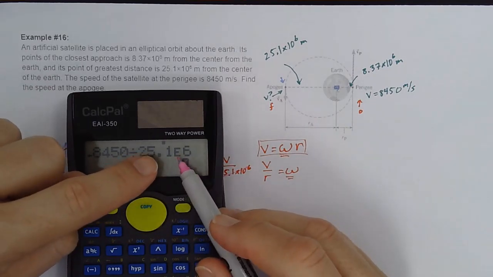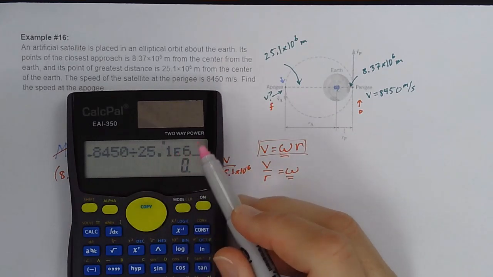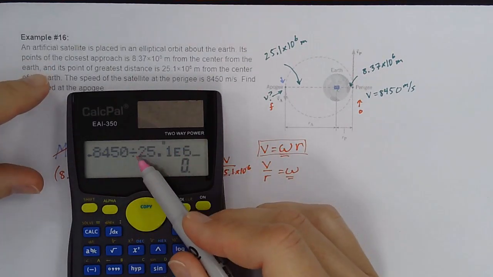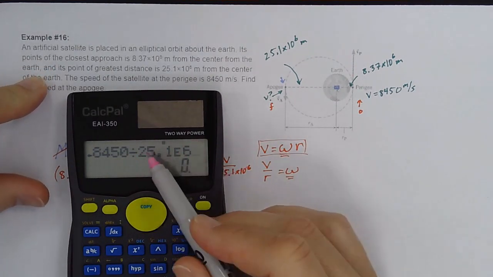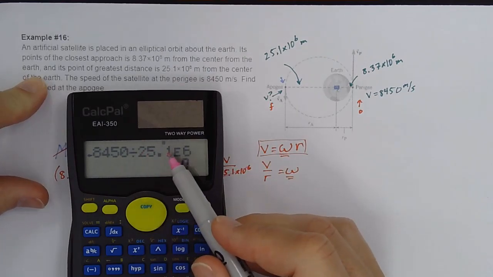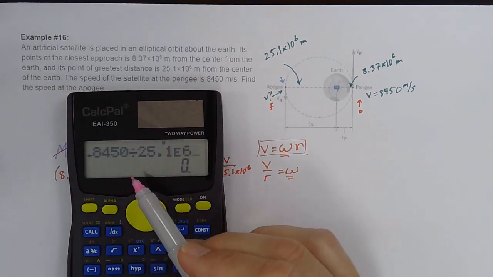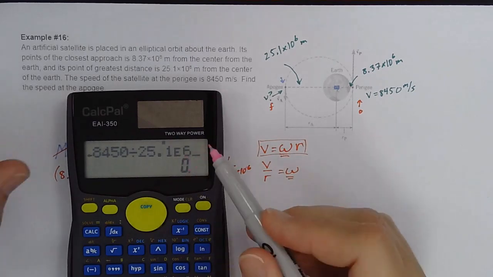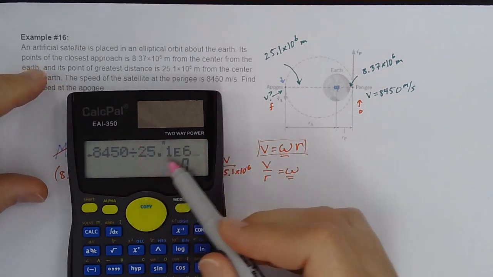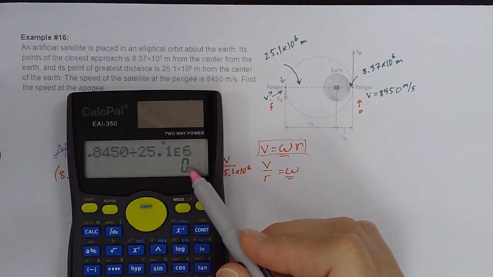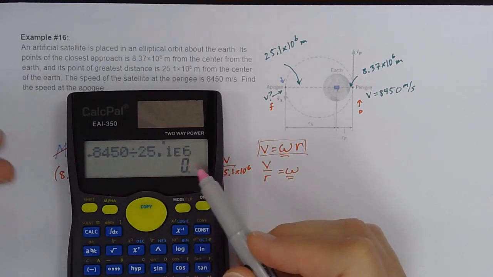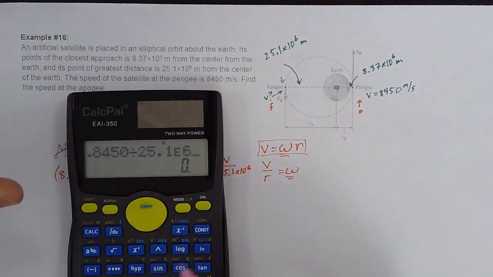If you don't use the E, if you just write out times 10 to the 6th, then you do need to put this in parentheses. Otherwise, your calculator will divide by 25.1 and then multiply by 10 to the negative 6th power. You need to make sure that it's dividing by all of this. Otherwise, you're going to get a power of 10 error and end up with the wrong times 10 to the whatever power.